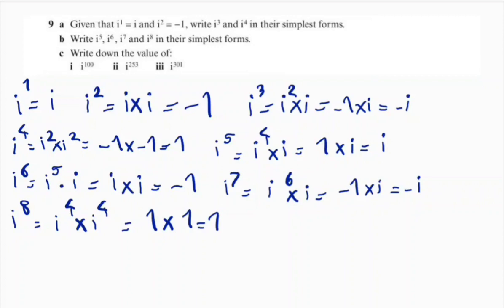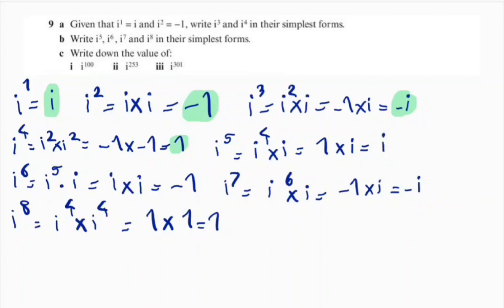Now the interesting thing here is that there is a cycle. As you can see, i to the power of 1 is i, and then we have -1, then we have minus i. When we have i to the power of 4, we get 1, and then this just continues, because i to the power of 5 is i, the same as i to the power of 1.